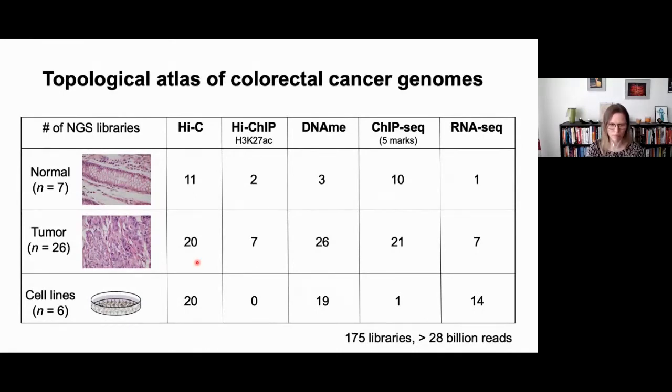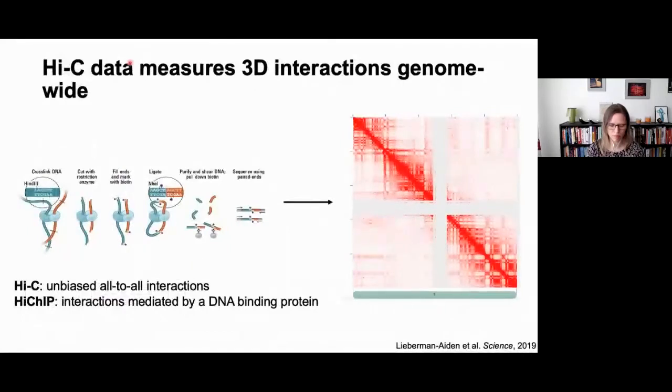As a small reminder of how we measure 3D genome interactions, Hi-C is a protocol in which, if two regions in the genome that are not necessarily close in the 2D space are interacting in the 3D space, the protocol would cross-link DNA.